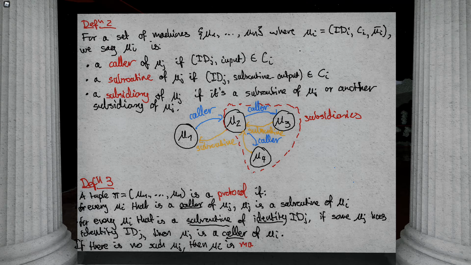You can think of this like in C programming, right? This is an entry point. So it's a main machine of pi. And the external identity in question is an external identity.